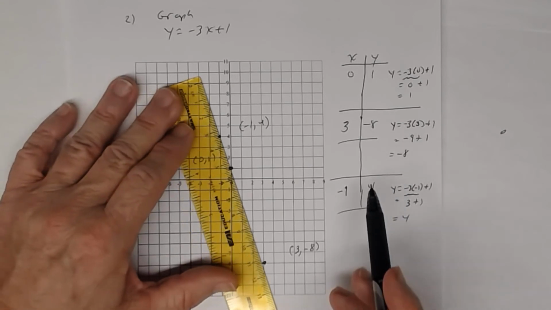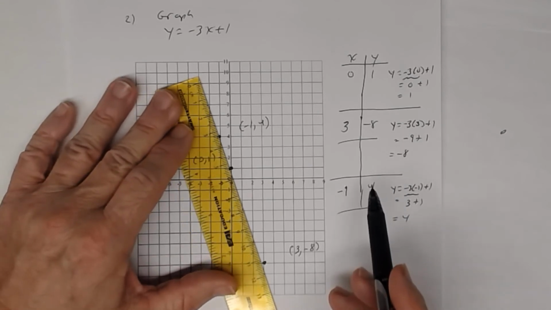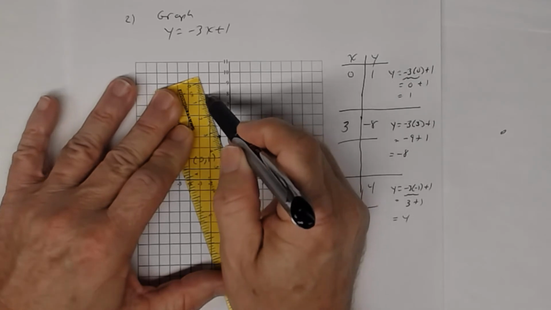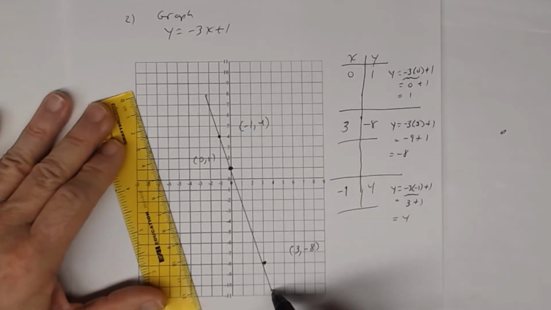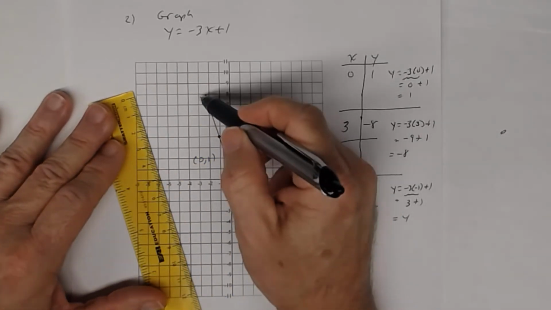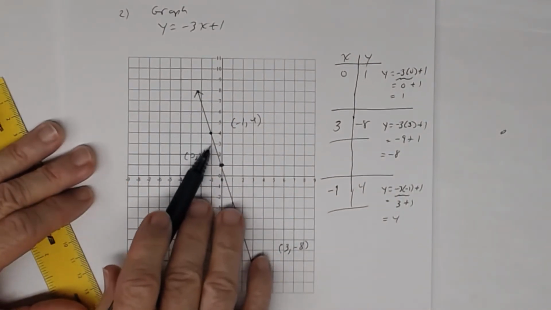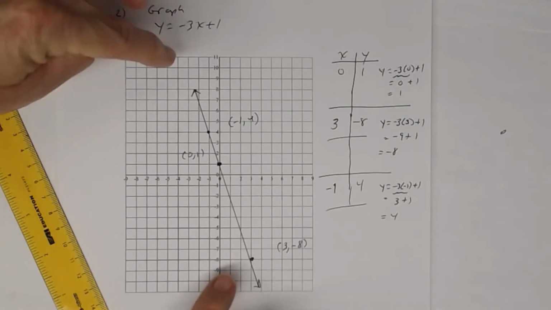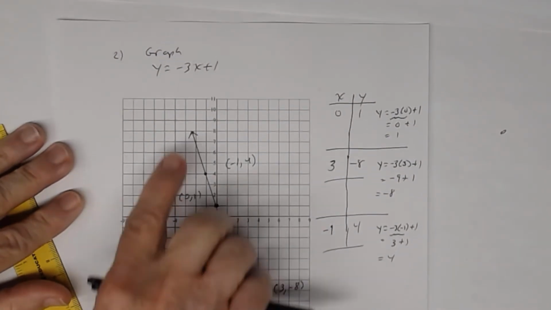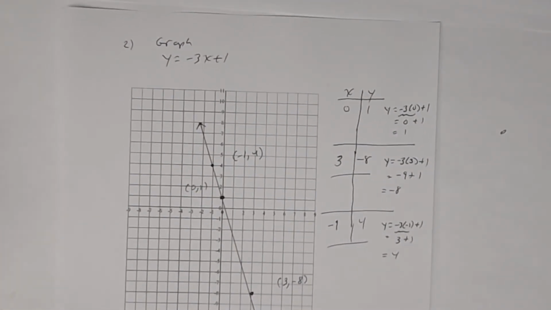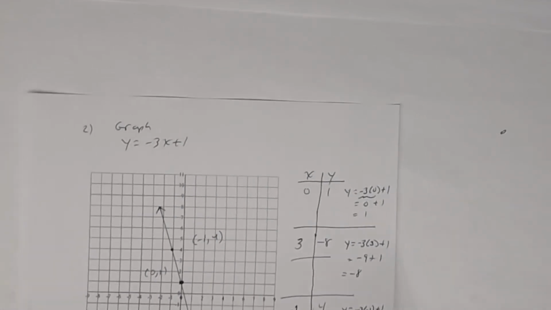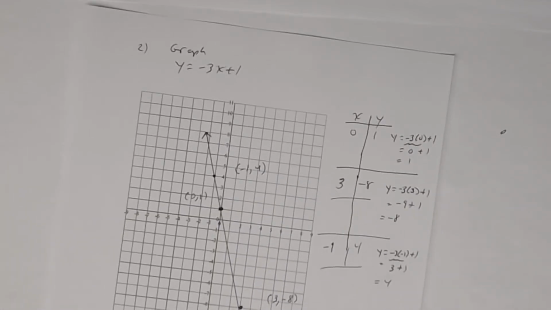So you use your ruler and draw a line through those points. I didn't graph this very well here, but any point on this line, and remember the arrows keep on extending, is a solution to this equation. And that's all you do. Not very difficult at all.